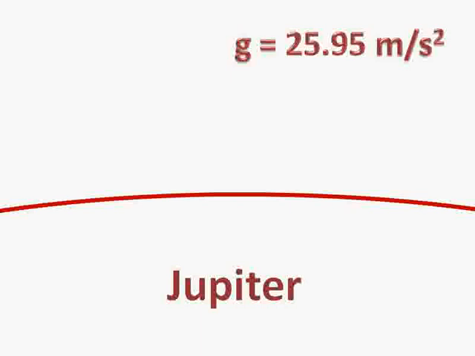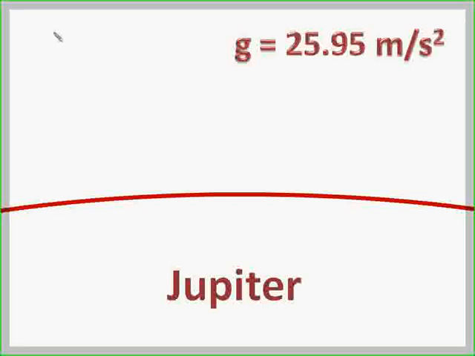So, now that you have a handy-dandy formula for calculating the acceleration due to gravity, you have two choices. One, memorize it: g equals big G m1 over r squared.